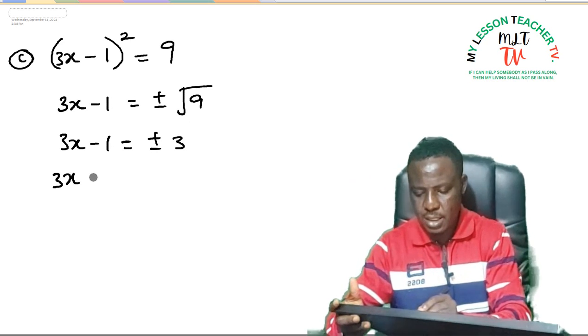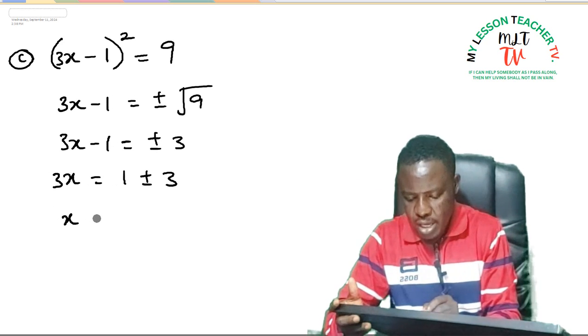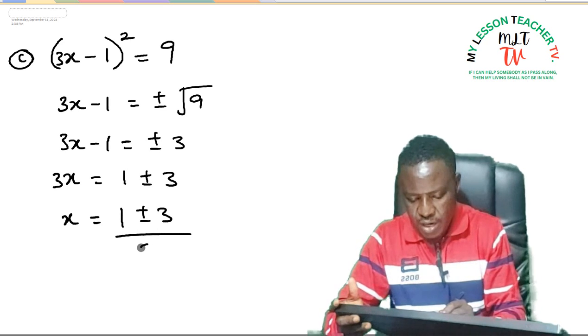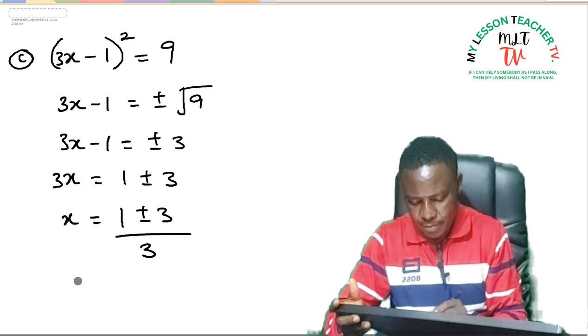3x is equal to 1 plus or minus 3. We have x to be equal to 1 plus or minus 3, divided by 3 when you divide both sides by 3.